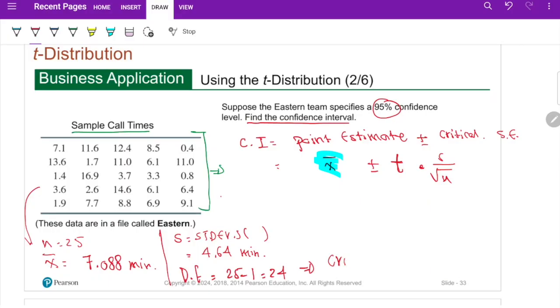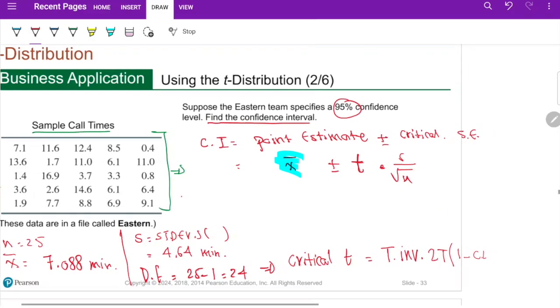All of these will help you to find the t value, the critical value. So the critical t equals what? Use T.INV. If you remember, in the past when we used the z, we used NORM.S.INV. Now we use T.INV.2T, two-tail. And now we are going to use 1 minus the confidence level. Every time, you use 1 minus the confidence level, comma, n minus 1, which is the degrees of freedom.